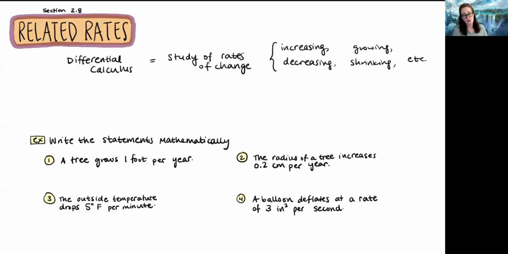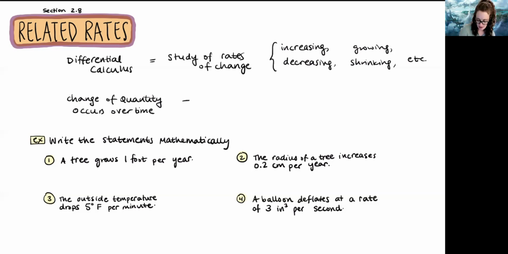Most of the time, things change over time. Almost everything is changing over time. So in related rates, we're going to be talking about derivatives with respect to time. The change of a quantity occurs over time.